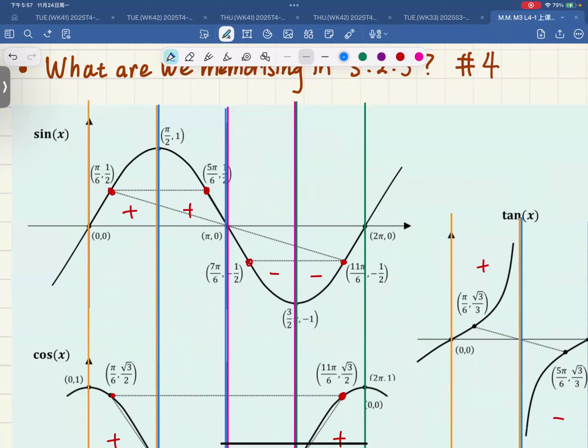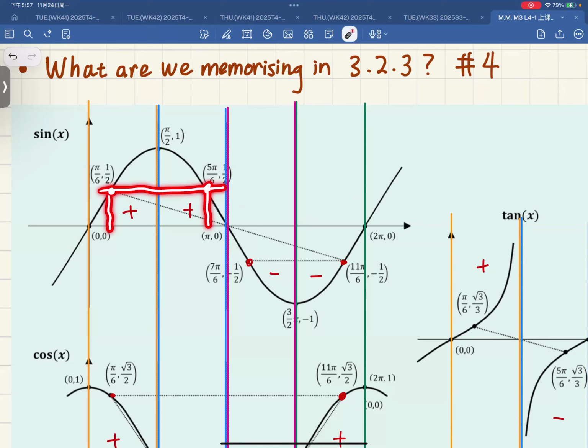Let's say we have a point here and a point here, the blue dot. They have different x values, but the y value is the same. Because of the symmetry, we have this point here and this point here.